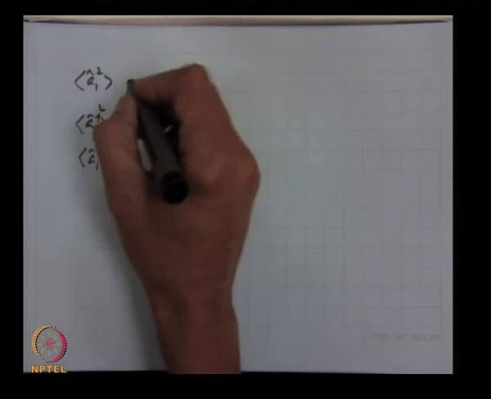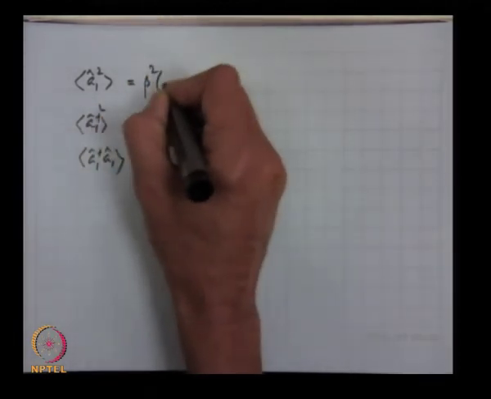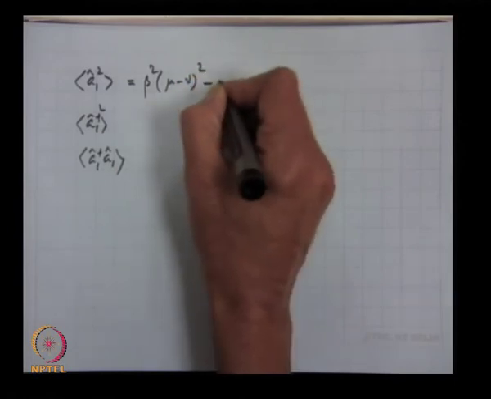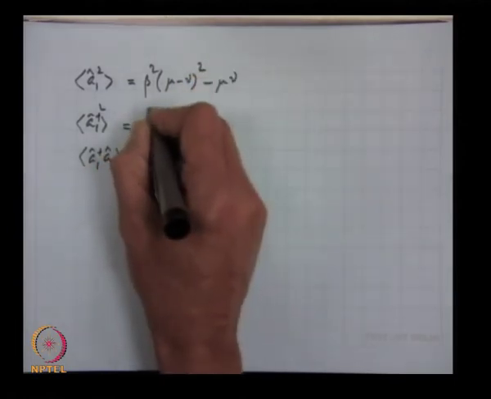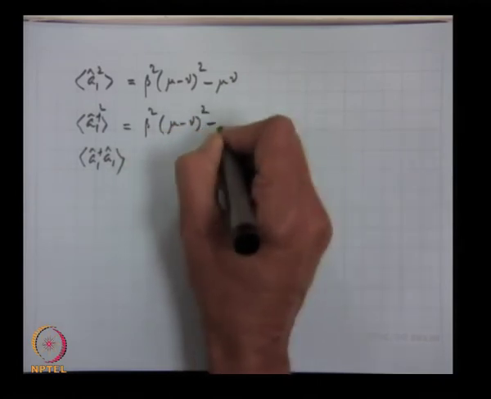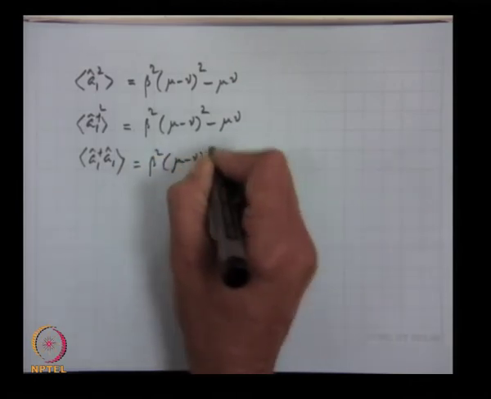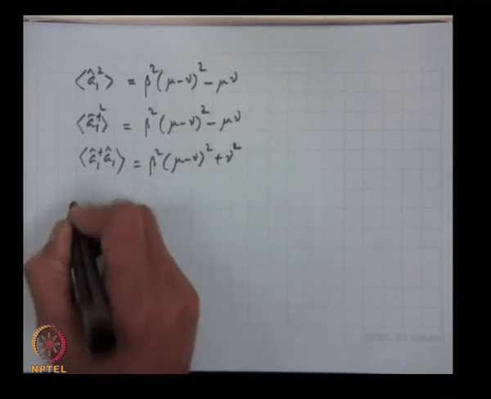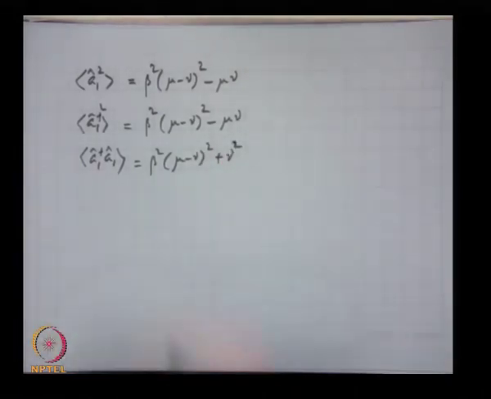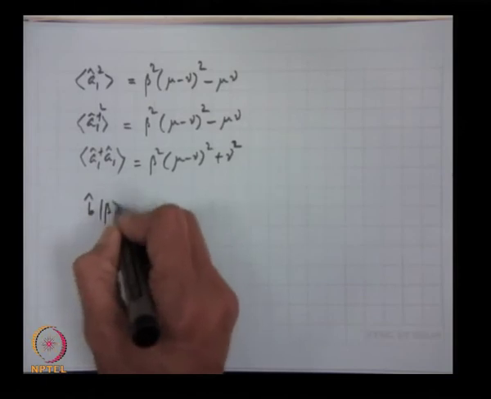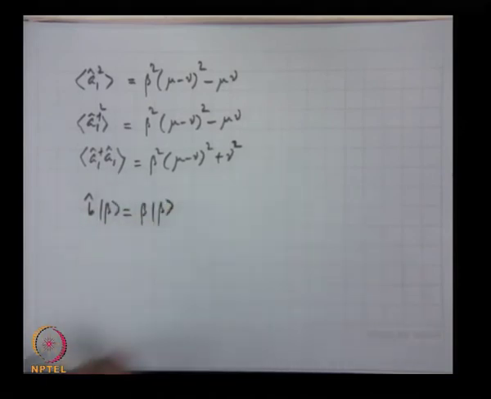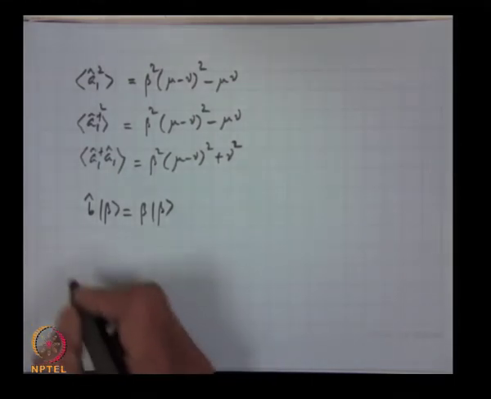Let me give you what we have done before for a general squeezed state. Expectation value of a square is beta square into mu minus nu whole square minus mu nu. Expectation value of a dagger square is likewise, and expectation value of a dagger a is beta square into mu minus nu whole square plus nu square, where beta is the eigenvalue of this equation, and for squeezed vacuum beta is 0.